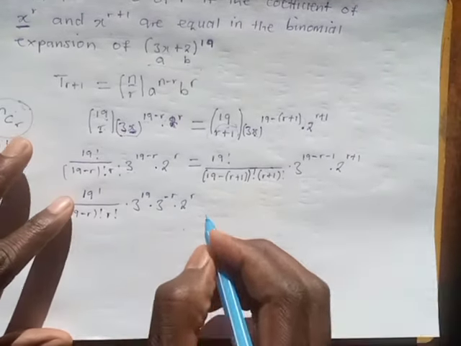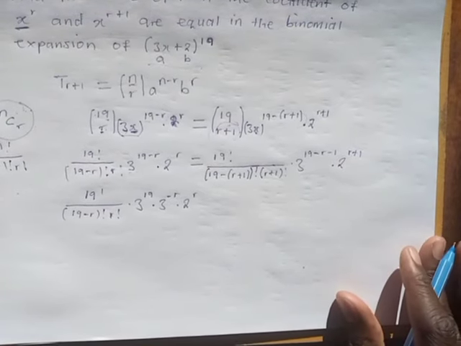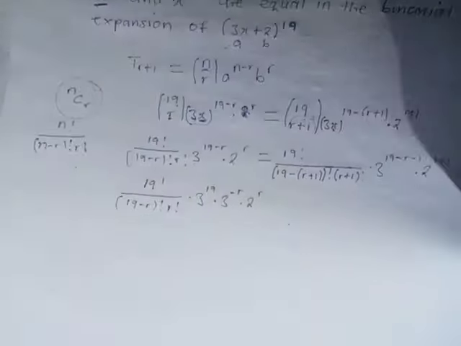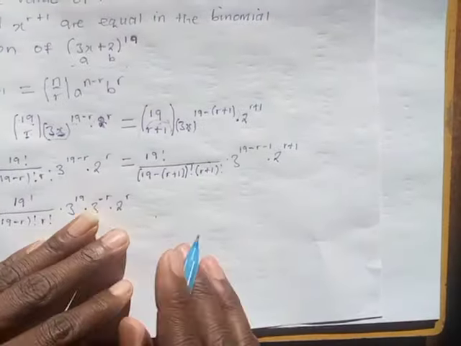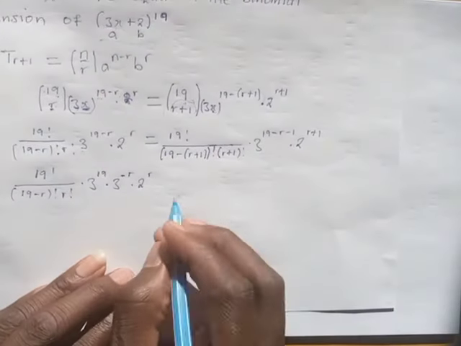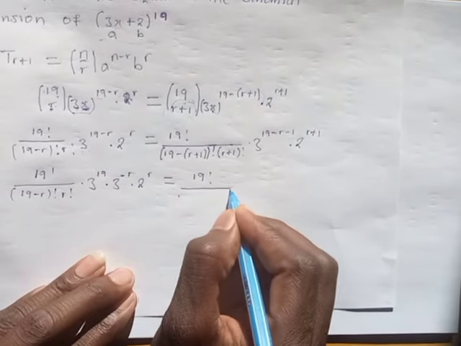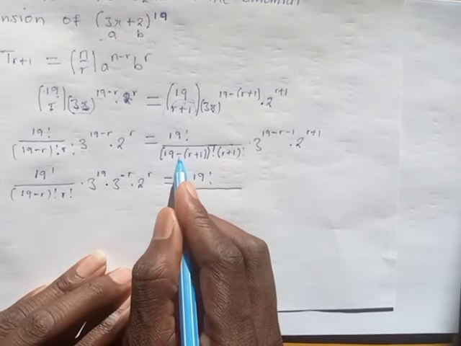Okay, then what you have on the right hand side can also be reduced. How are we going to reduce this? If we check properly, we have a negative.